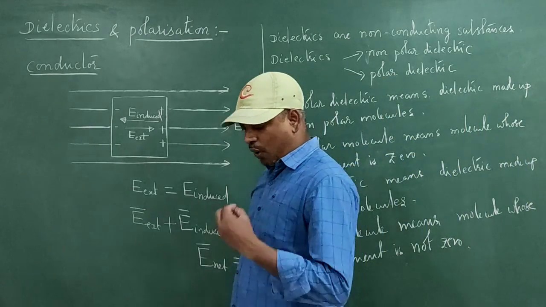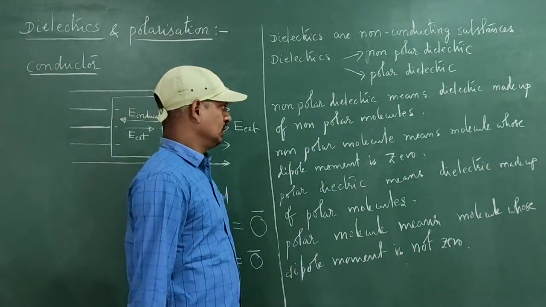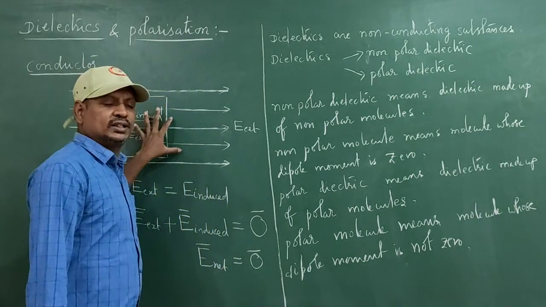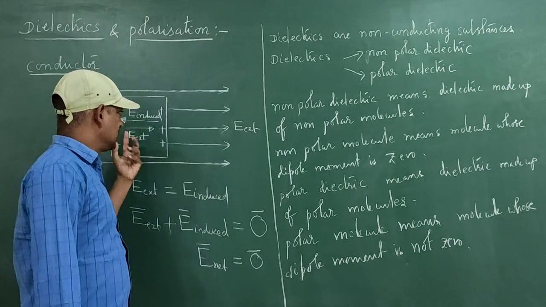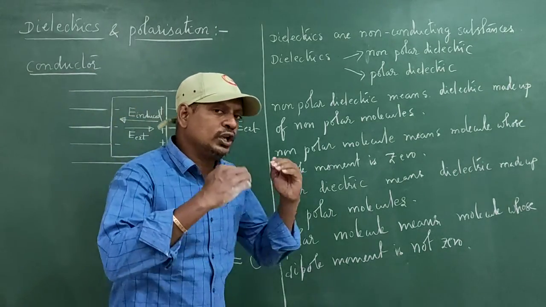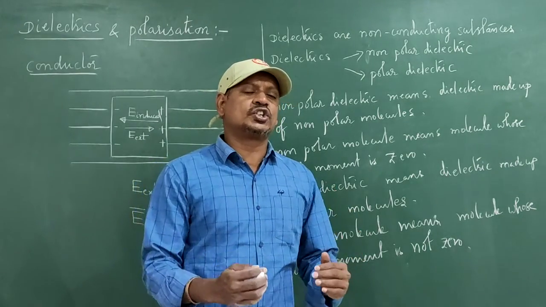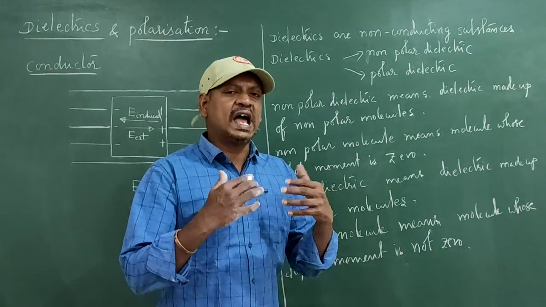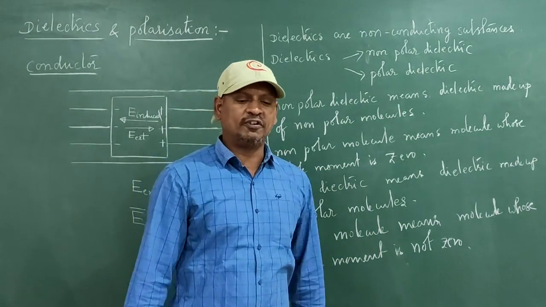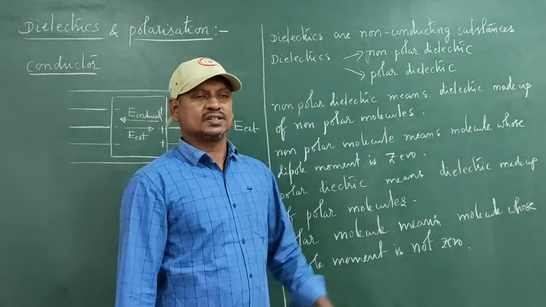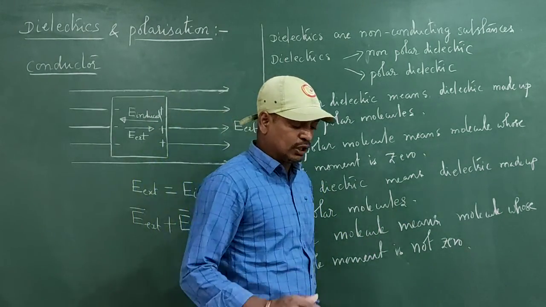Now what we are going to see in this topic: we know if you place a conductor inside the electric field, the net electric field inside the conductor becomes zero. Now if you place a dielectric inside the electric field, what happens to the electric field inside? Before going to that, we are discussing dielectrics.